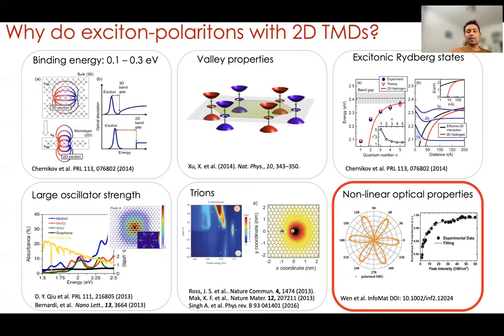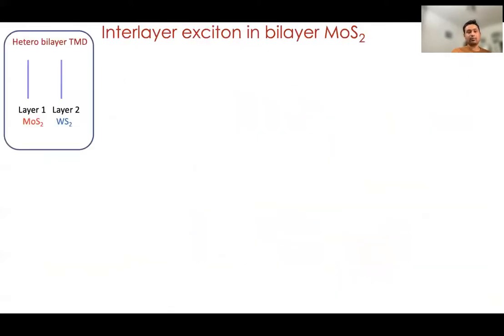In our lab, we are trying to design a system which is very nonlinear at a relatively lower pump power. And by the end of the talk, hopefully I'll convince you that interlayer excitons are a very good candidate to design such a nonlinear system. In particular, we focus on bilayer MoS2.